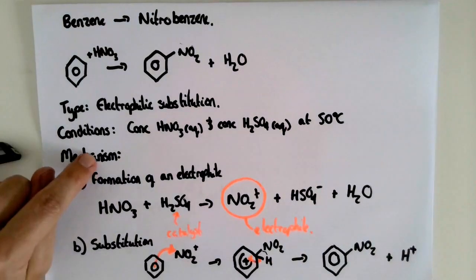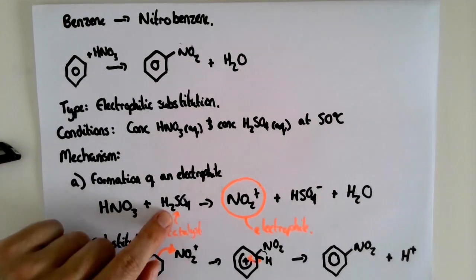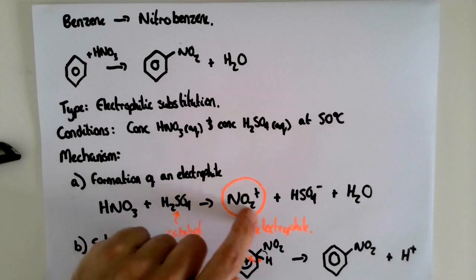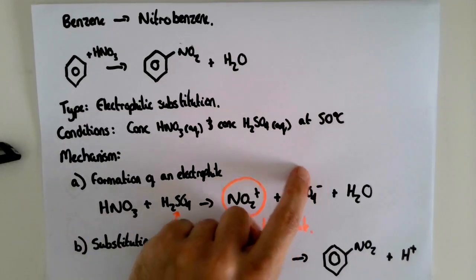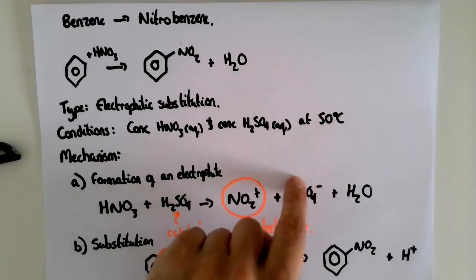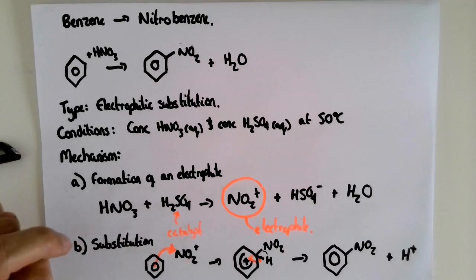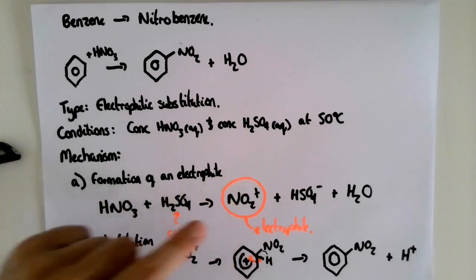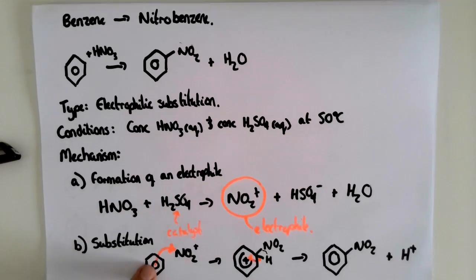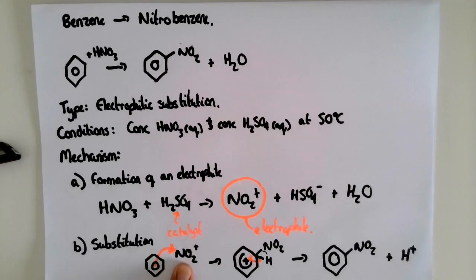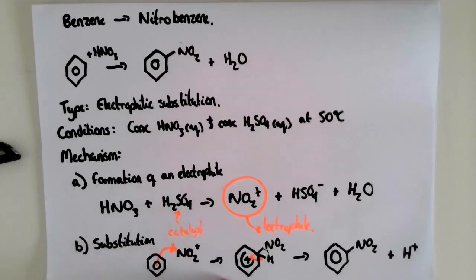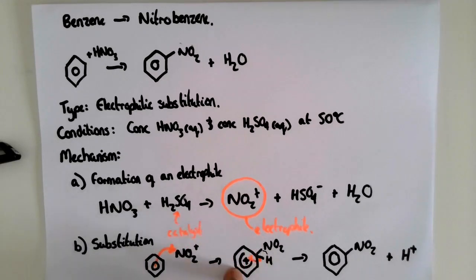In the first step, you've got the two acids that combine in order to make your electrophile. And you can see here that there's the HSO4 minus, which is used to regenerate the catalyst later. This electrophile then gets attacked by the benzene ring, or more specifically the delocalized electrons in the benzene ring, to make this unstable intermediate.